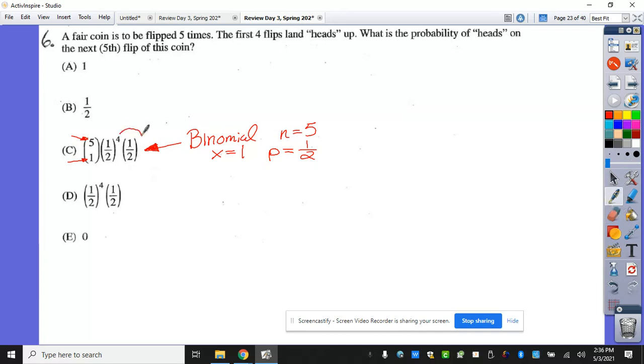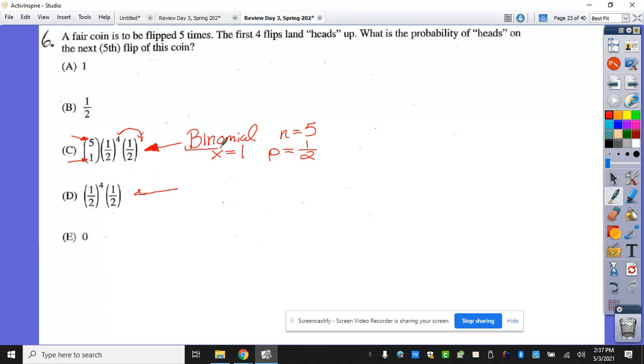So they actually wrote it to where they switched these two. But this is a binomial with an n of 5, one success, probability of 1/2. They just switched those two numbers. This is saying I got 1/2 4 times, and then I got 1/2. What kind of probability do you think that is?